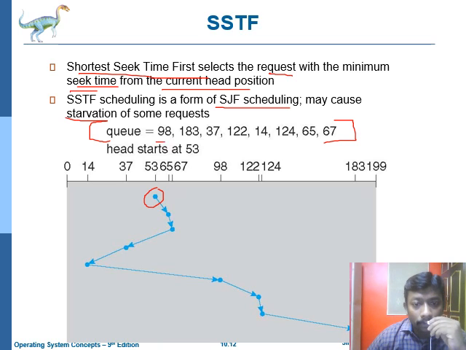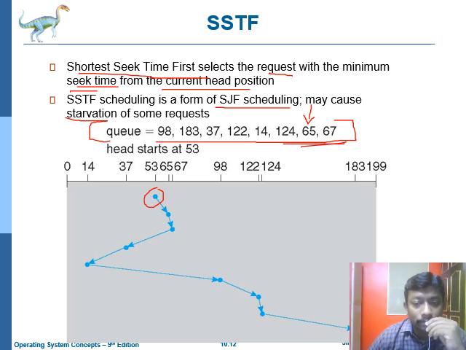While considering this queue, we have to check the smallest seek from the 53rd sector. The shortest job is actually among this input output request queue.